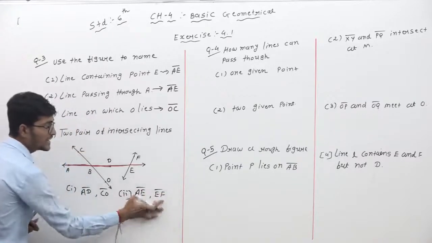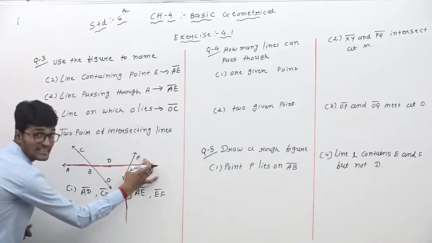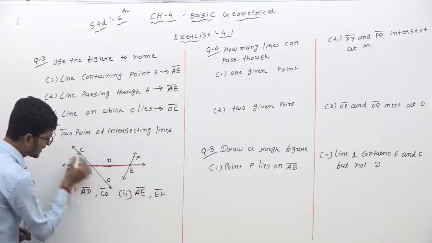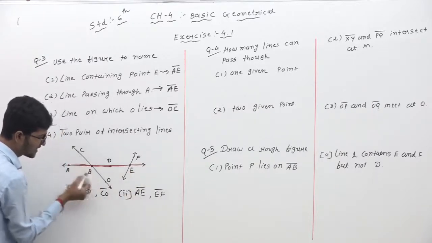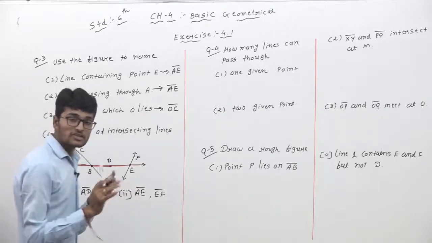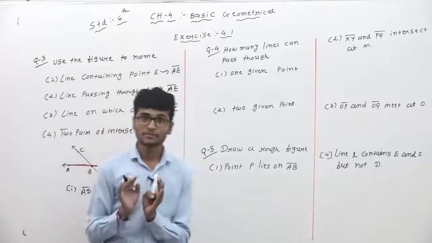So AE and EF are two intersecting lines, intersecting at that point. Same for AD and CO, which intersect at the point B. So these two are intersecting line pairs. Understand? So that was question number 3.